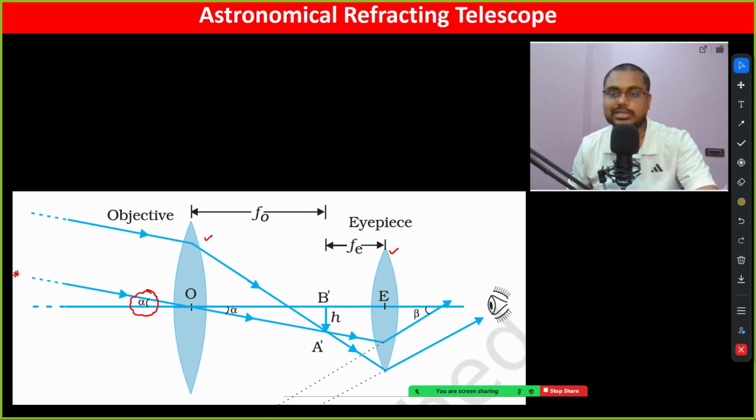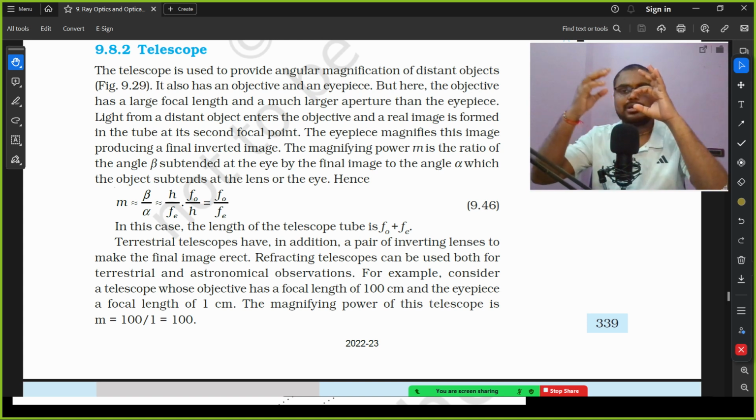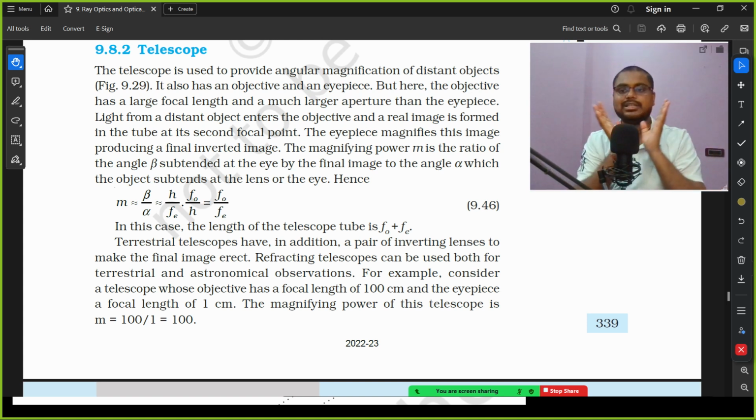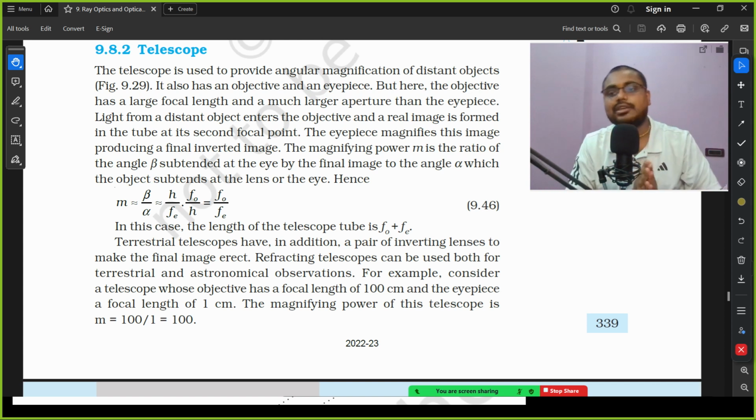If you have a small lens, only a few rays can enter, but if you have a big lens, many rays can enter. So the intensity of the object and of the image is going to be better.